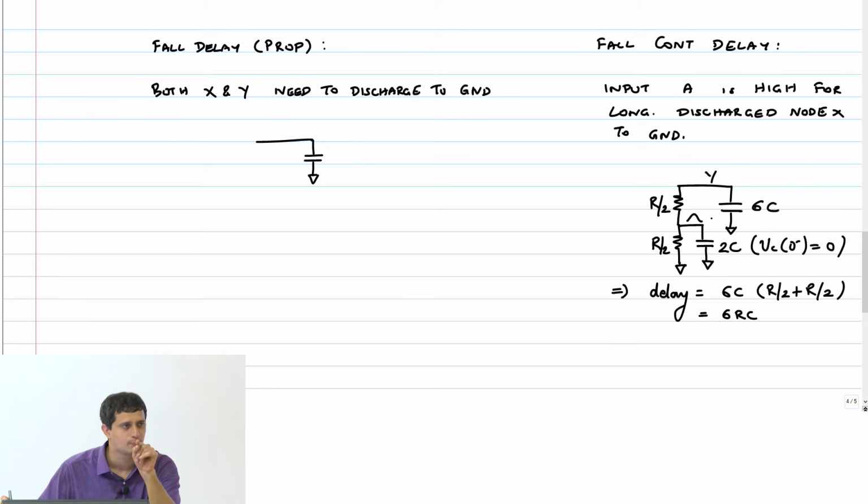That node has to bump up slightly to allow some current, and therefore you will have some charging of this capacitor also slightly in the process. So those are second order effects. The first order effect is you can neglect that and you will have 6 RC. The fact is contamination delay is lesser than the propagation delay in these two conditions. As I told you, you can check it out through simulations. It may not be exact.